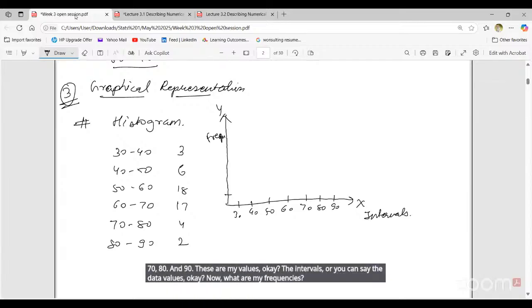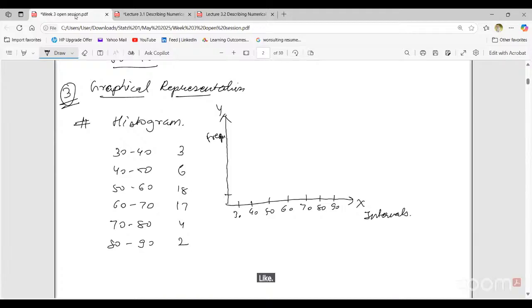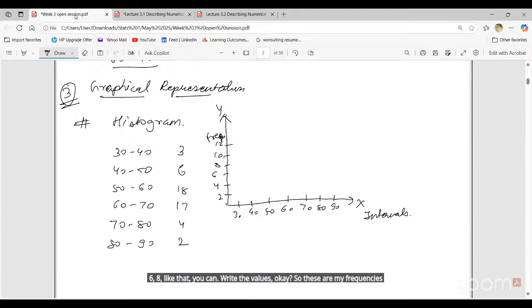You can write the frequency values like 2, 4, 6, 8, like that. So these are my frequencies. Now, how are we going to make the graph? From 30 to 40, my frequency is 3, so it would look somewhat like this.